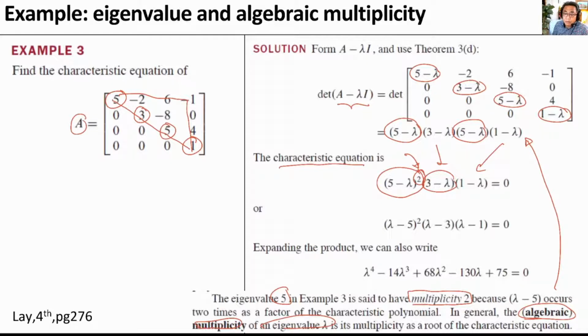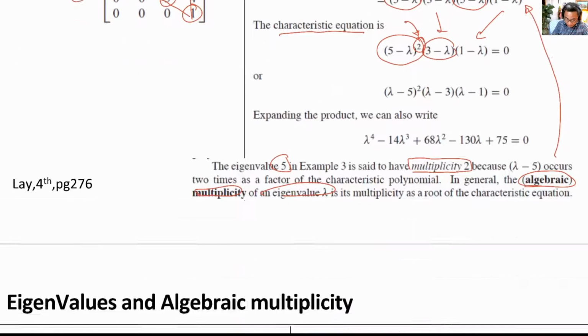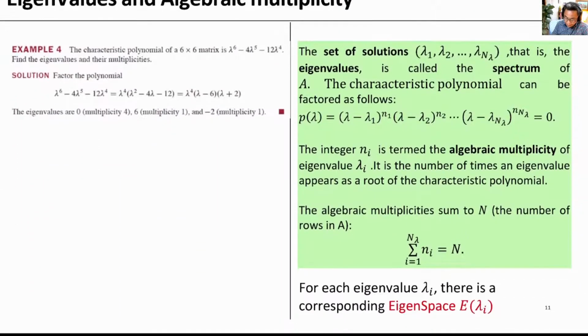Later on, we will also encounter something called geometric multiplicity of the eigenvector, and we'll tackle this then. So in this slide, we introduced a new term, algebraic multiplicity of the eigenvalue, which indicates the number of times this eigenvalue repeats in the characteristic equation.